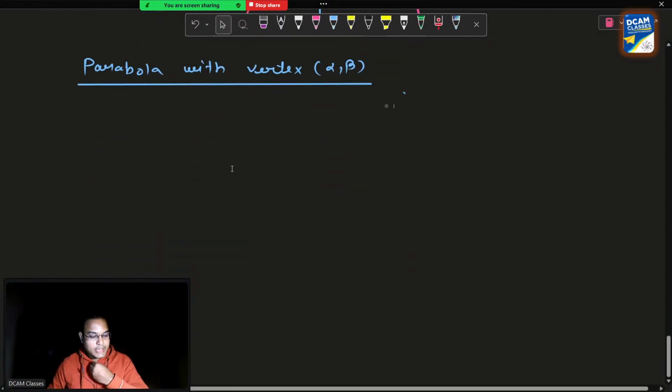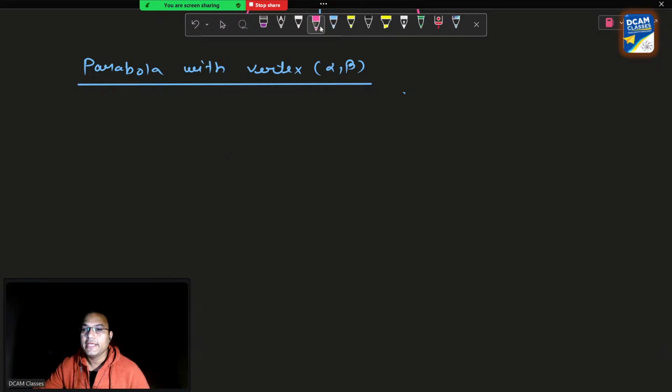Now see, in this case we are taking the case of y square is equal to 4x. The thing that we will do with y square is equal to 4x, the same thing will apply to the other parabolas also. If you want, you can do the other parabolas at home, just for practice.